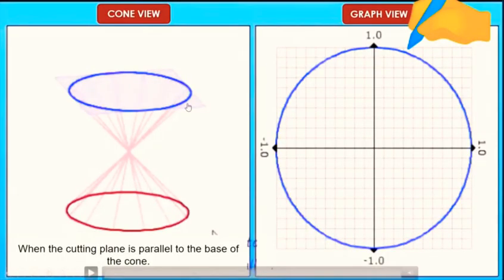Suppose we have a plane which is parallel to the bases of the two cones. Observe the figure formed as this plane moves through the two cones.